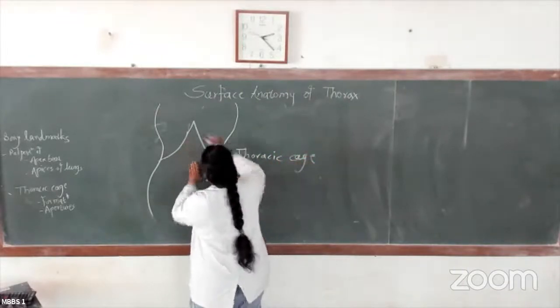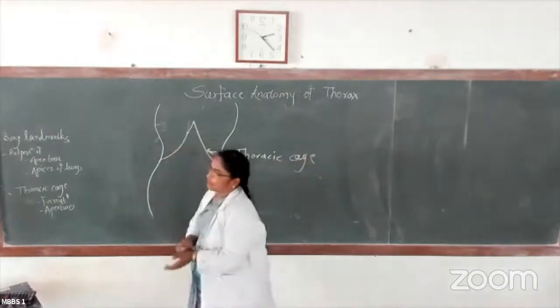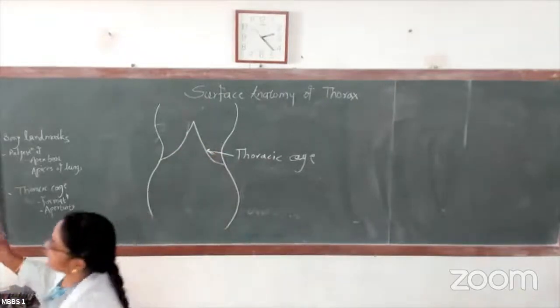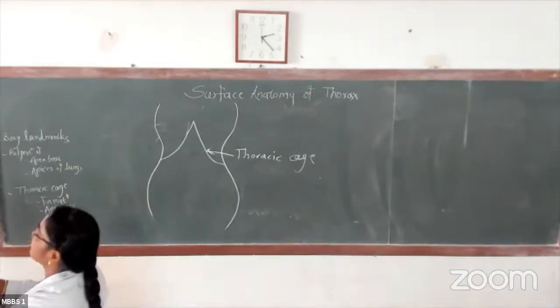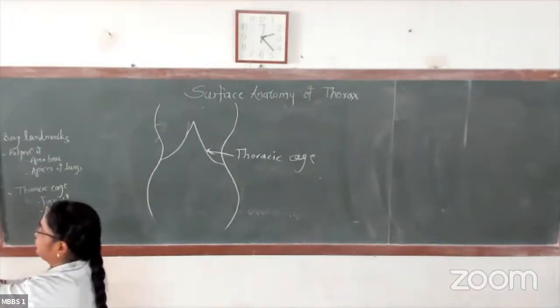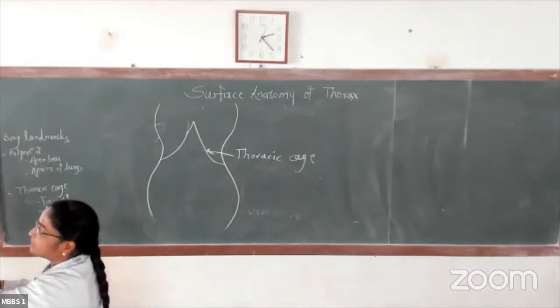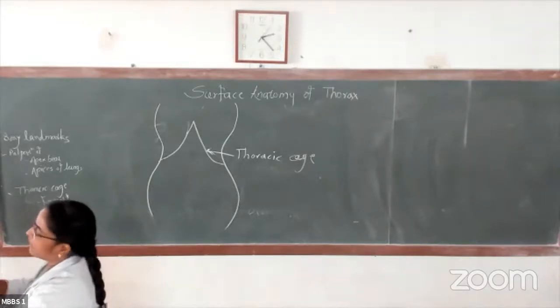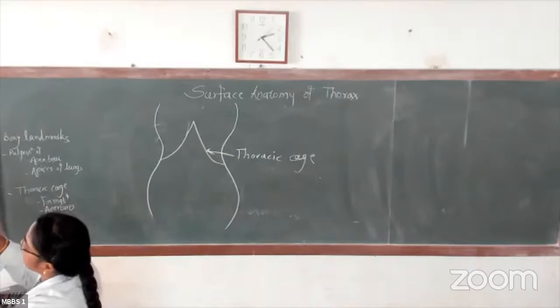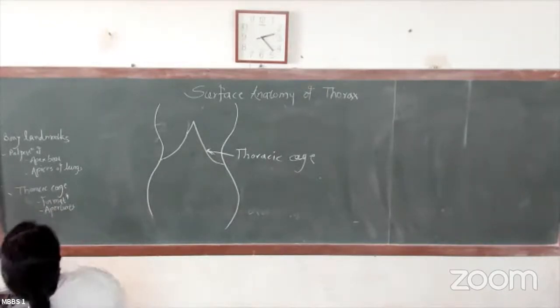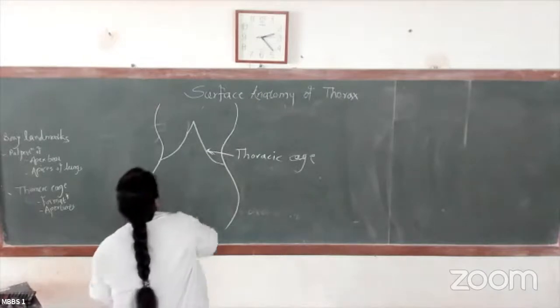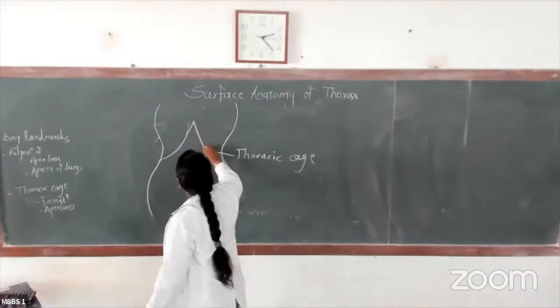Now this cage is formed anteriorly by the sternum and costal cartilages, then posteriorly by the 12 thoracic vertebrae with their intervertebral discs, and laterally by the ribs. Now this thoracic cage anteriorly, this is the costal margin.